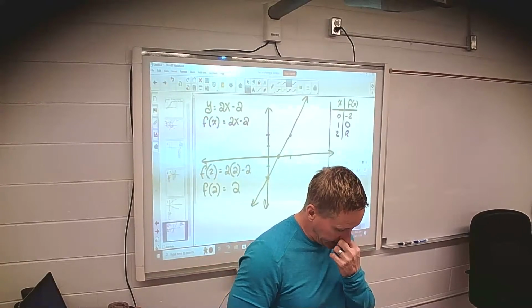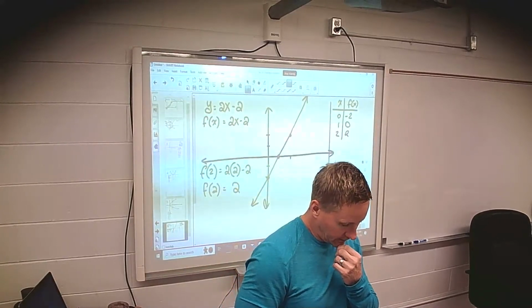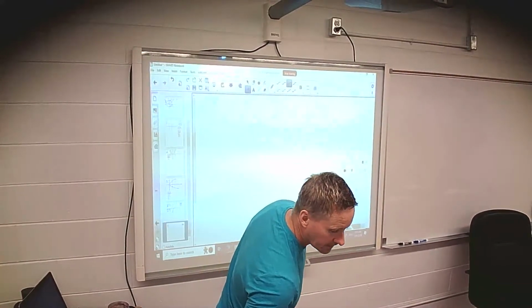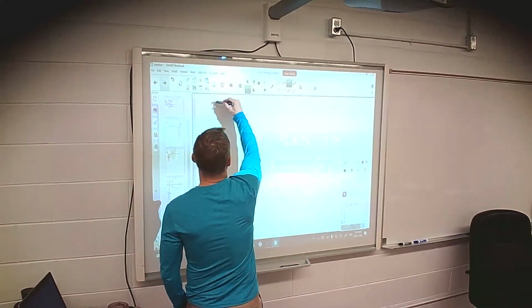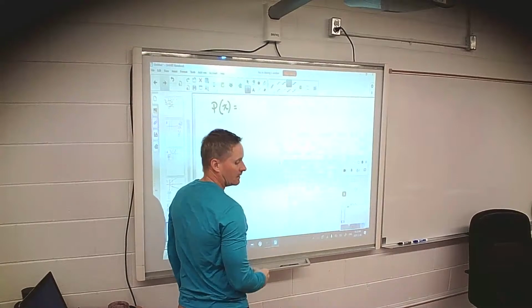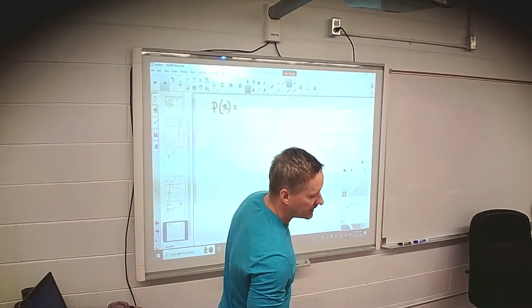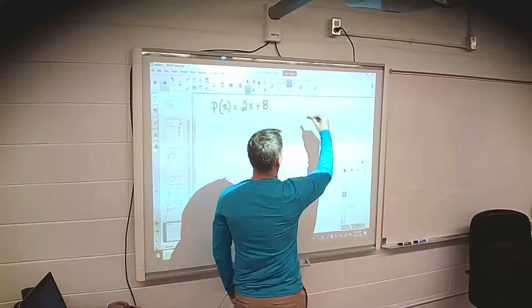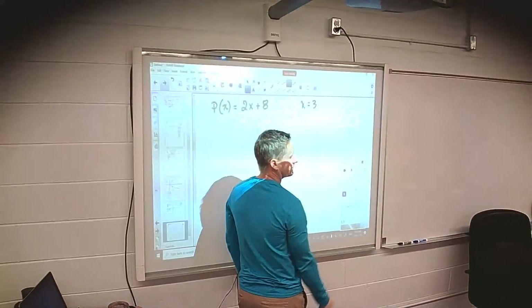Okay, let's use the example that they've got now. So they do P of x, that's just f for us, right? It means the same thing. 2x plus 8, and they want when x is equal to 3.